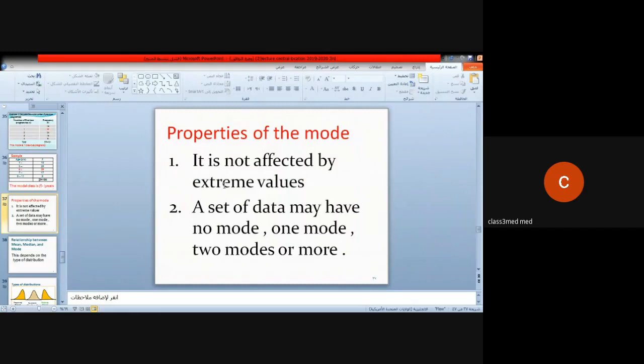Each data set has only 1 mean and 1 median, while for the mode there could be no mode, 2 modes, which is called bimodal, or more than 2 modes.